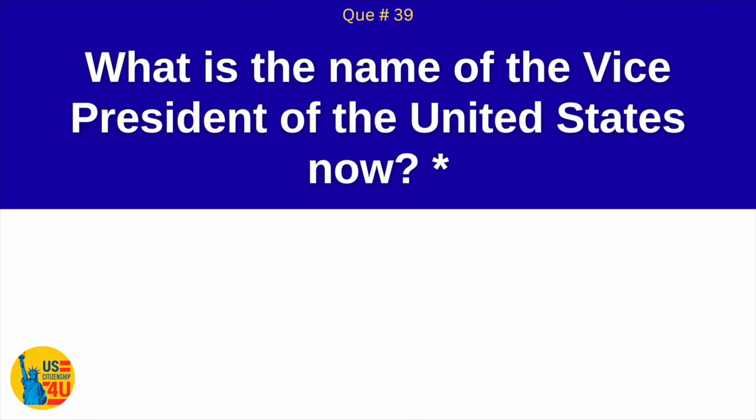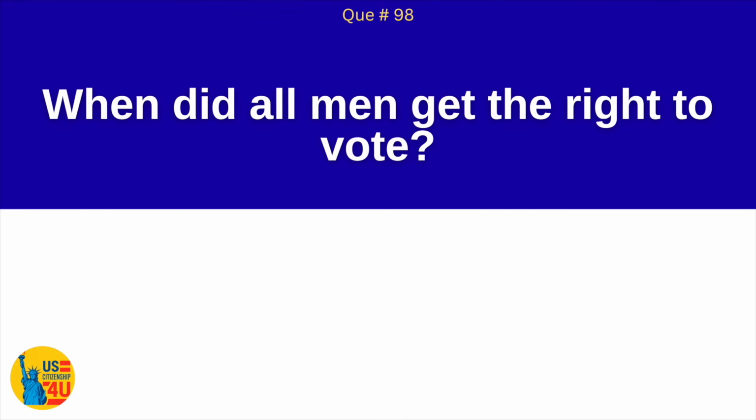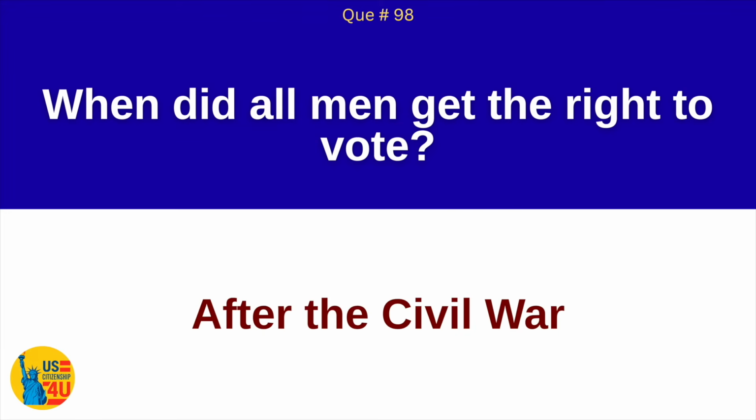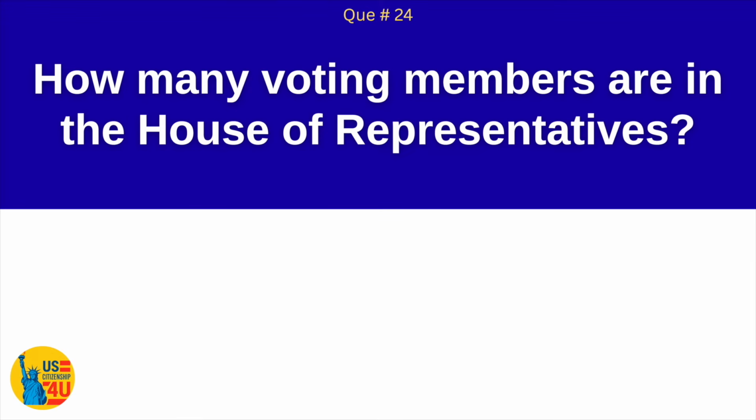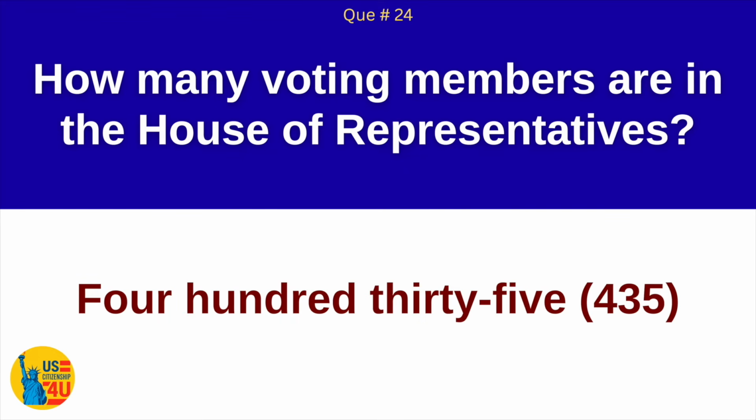What is the name of the Vice President of the United States now? J.D. Vance. When did all men get the right to vote? After the Civil War. How many voting members are in the House of Representatives? 435.